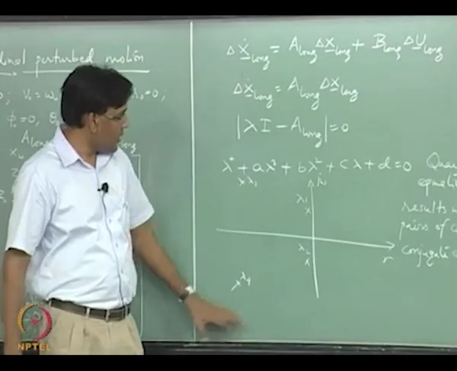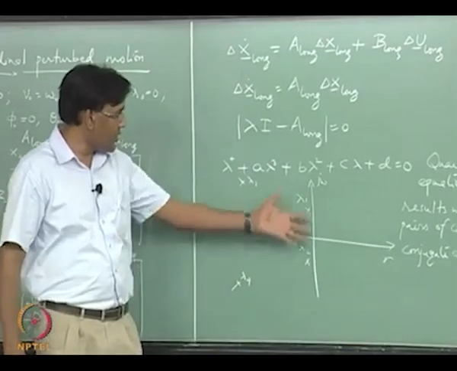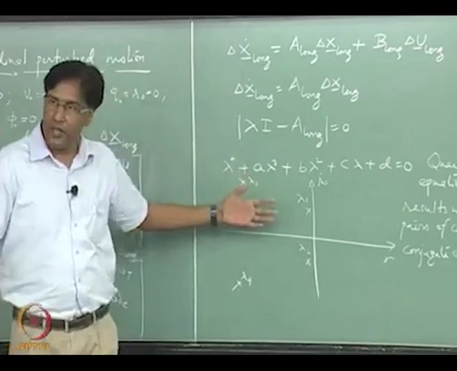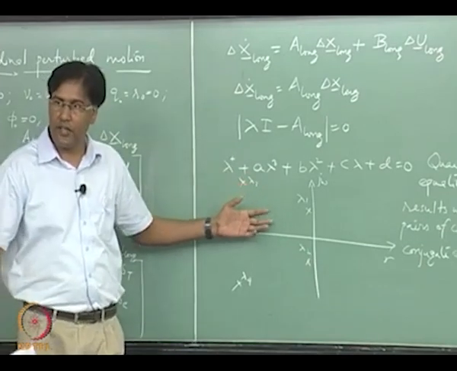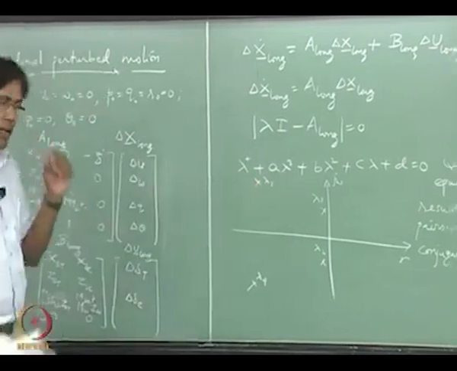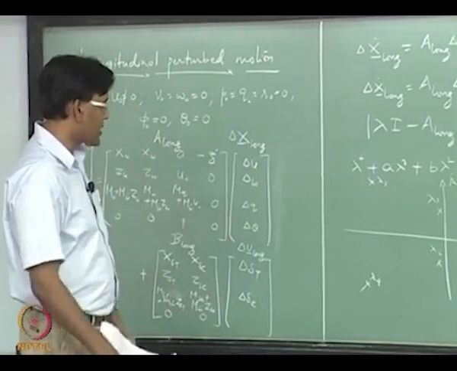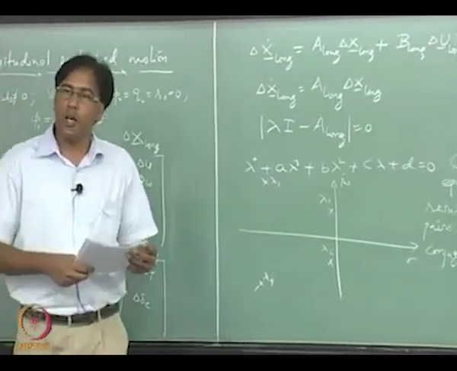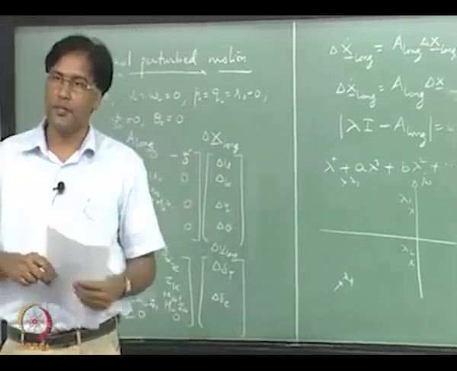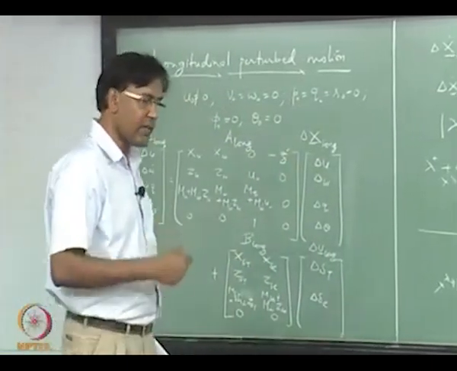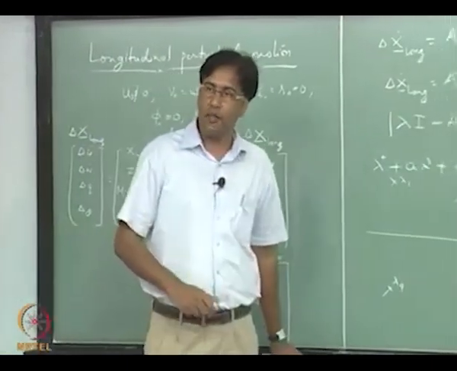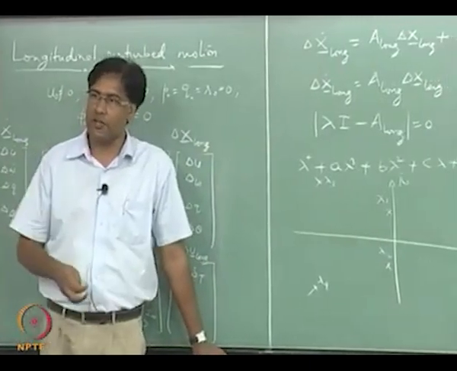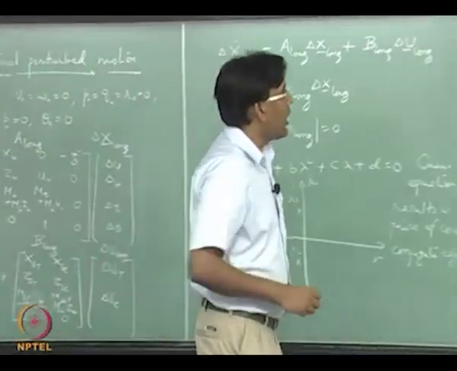So, what you can do is use this fact that the eigenvalues are well separated in the complex plane and make some assumptions, so that you can arrive at an expression for the short period frequency and the damping and the characteristic of the Phugoid motion, right.